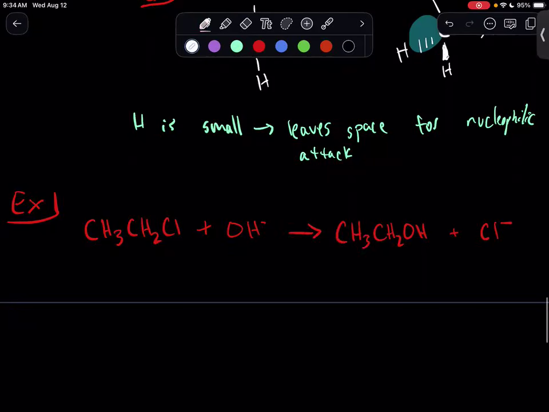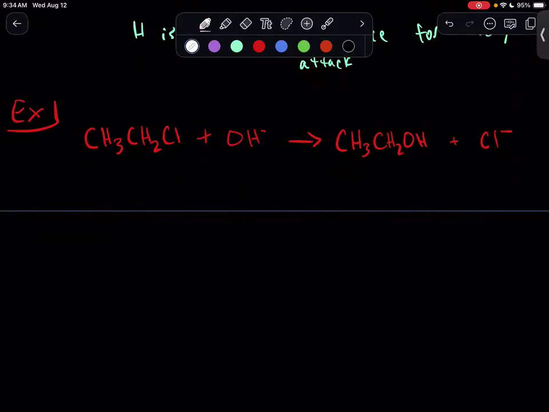But what does this actually look like? I'm going to be using our stereochemical formulas here so that we can see in space where this is occurring. We have our chlorine bonded, and then we have our hydrogen and our hydrogen.